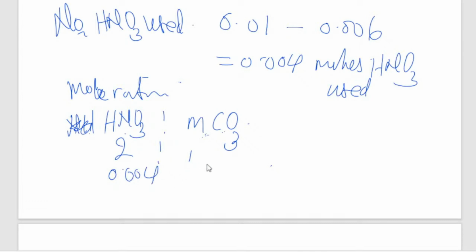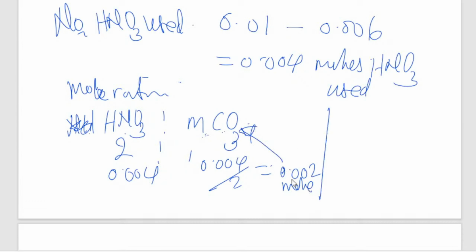So automatically this is going to be 0.004 divided by 2, which gives me 0.002. So these are the number of moles of this. So now once I get the number of moles of that, I can find it using number of moles is equal to mass over molar mass.